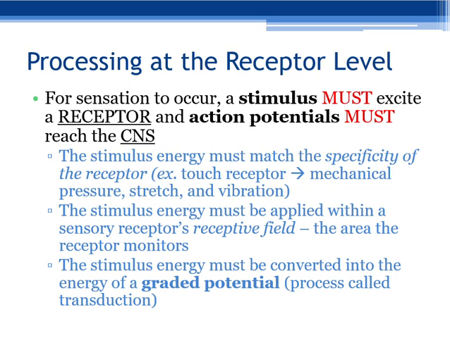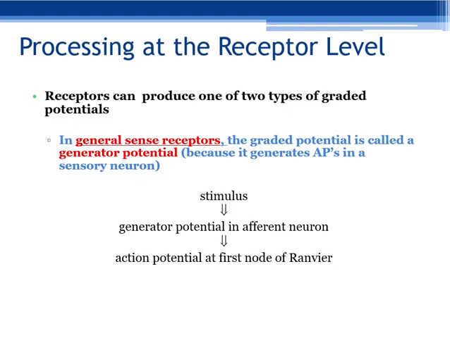And then if you have the right receptor and the stimulus in the right area, you still need that stimulus energy to be converted into a graded potential and initiate transduction that might cause an action potential. So there's quite a bit that goes on at the receptor level. Receptors can produce one of two types of graded potentials. General sense receptors can produce generator potentials in the afferent neuron that then lead to an action potential. That generator potential is just a graded potential.